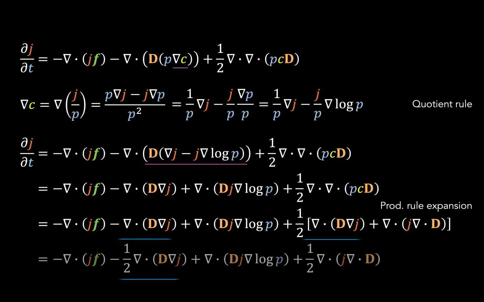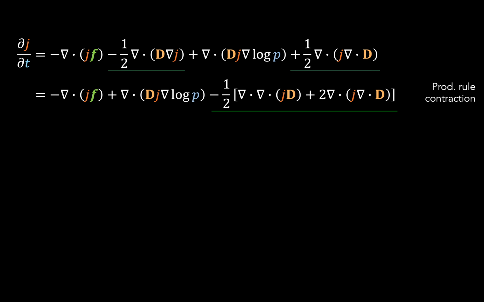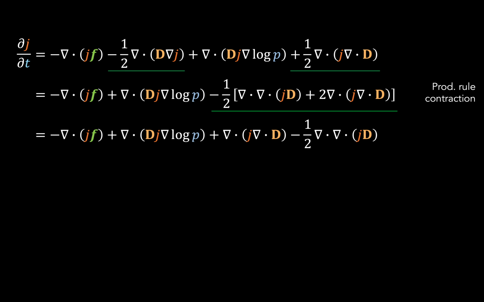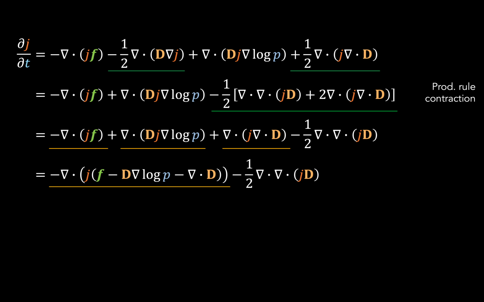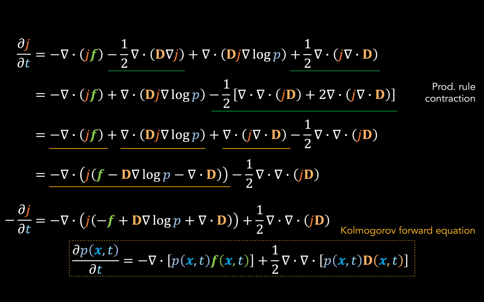Now we can combine these two terms to simplify our expression further. From here, we can do another product rule contraction, then take the 1/2 into the bracket, and combine these three into one big divergence term. And now comes the good part. If we just negate this expression, we find that we've actually just reproduced the form of the Kolmogorov forward equation.